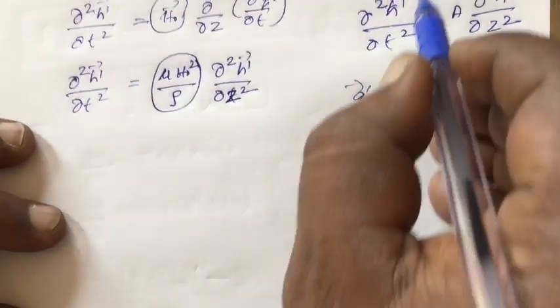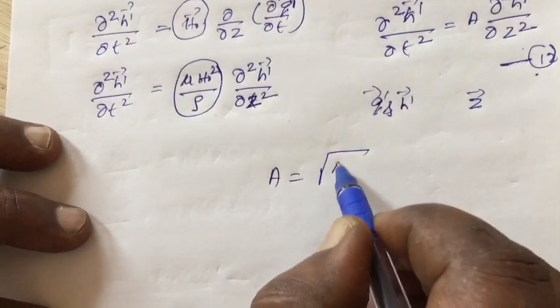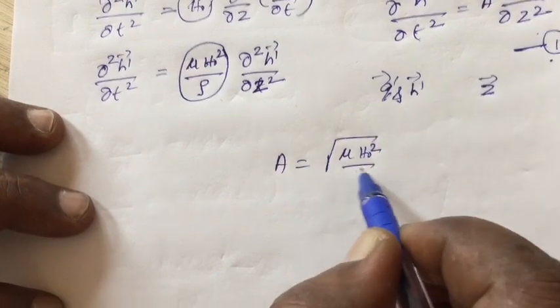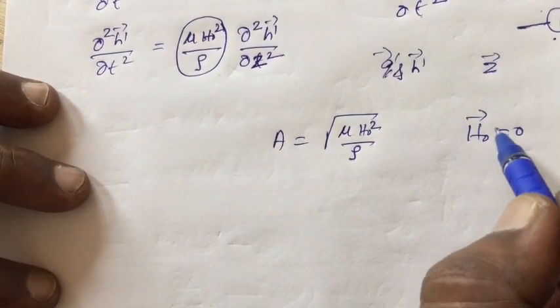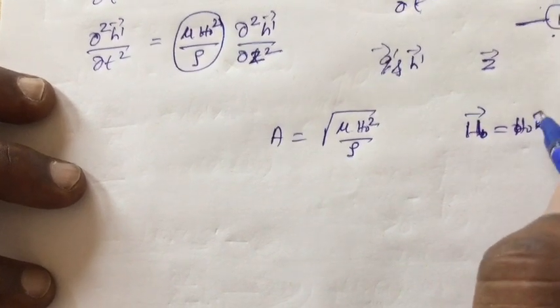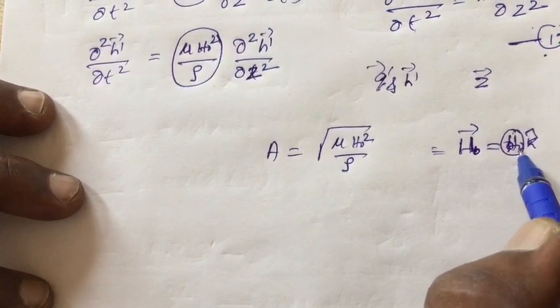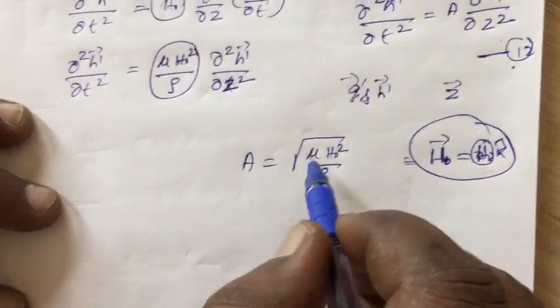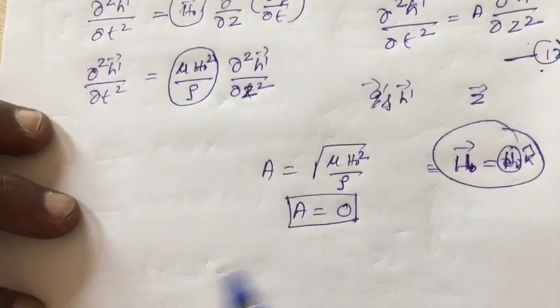Look here, A is given by the square root of mu into h naught square divided by rho. If the magnetic field h naught is equal to 0, meaning h is equal to h naught into k, then if the magnetic field is 0, h naught must be 0. If the magnetic field is 0, then your Alfvén velocity A must be equal to 0.